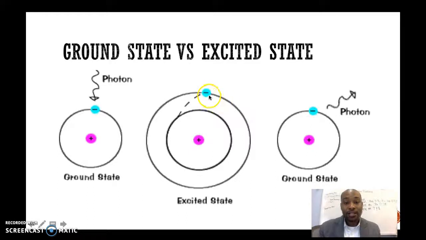But it doesn't want to remain at that higher level. It's going to come back down to its normal level or ground state, and it's going to give off energy in the form of light, in the form of photons. So this is the theory or the principle behind why the flames change color when we put the substances in the flame.